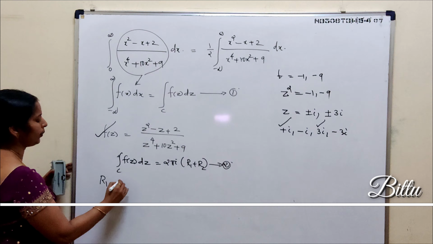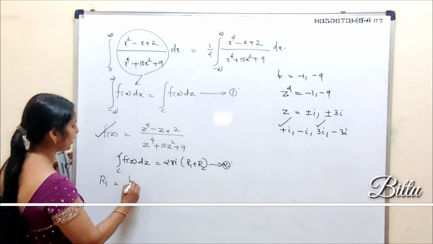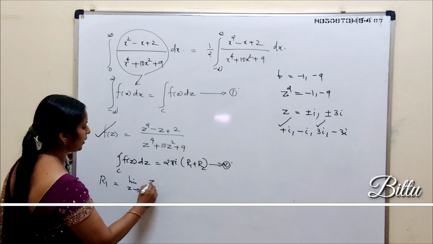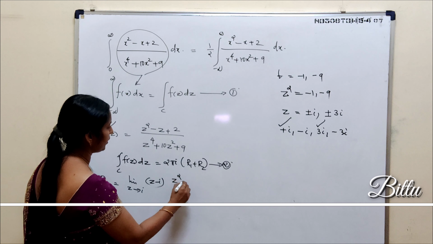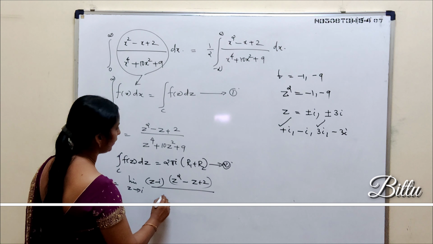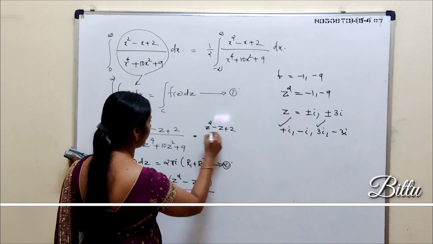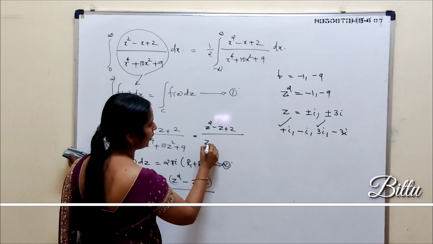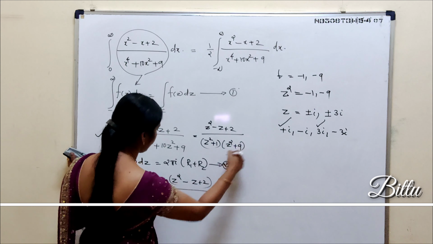Where R1, you consider R1 as the residue at i, so it is limit z tends to i, (z minus i) into f(z). Factorization of f(z) is (z squared minus z plus 2) divided by (z squared plus 1) into (z squared plus 9).